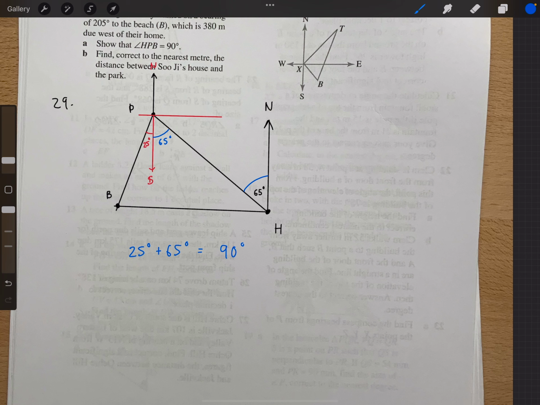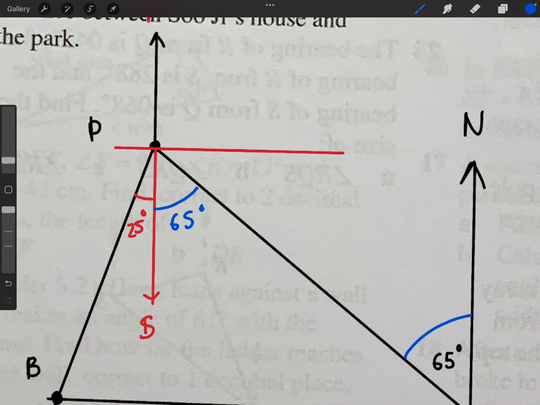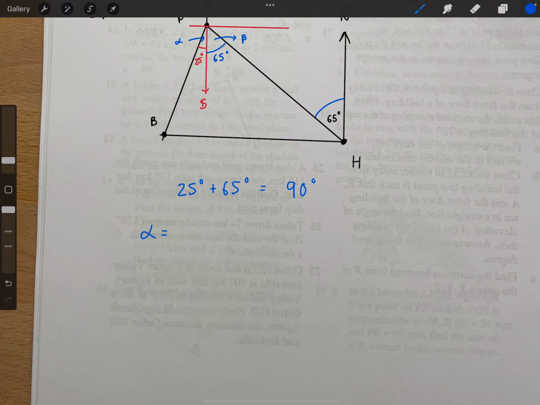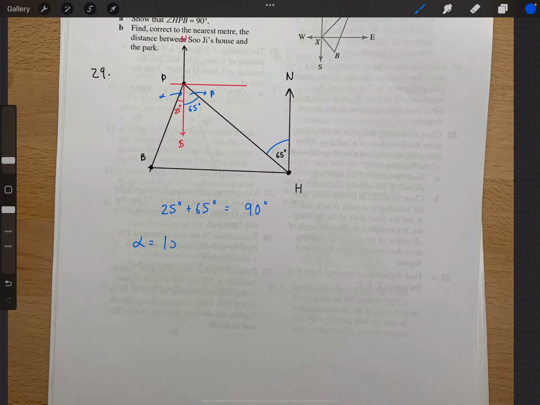You can just draw the diagram and call this angle alpha and this angle beta. Angle alpha is equal to 205 take away 180, and that'll give you 25.